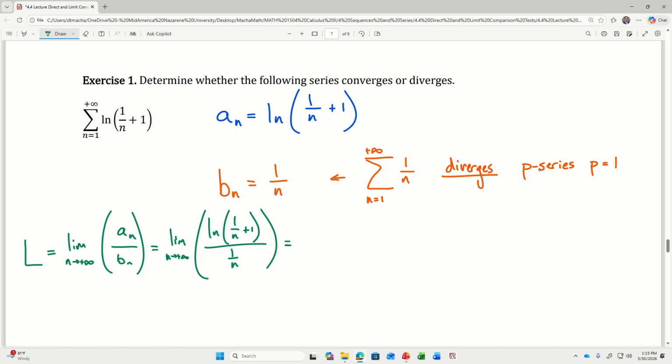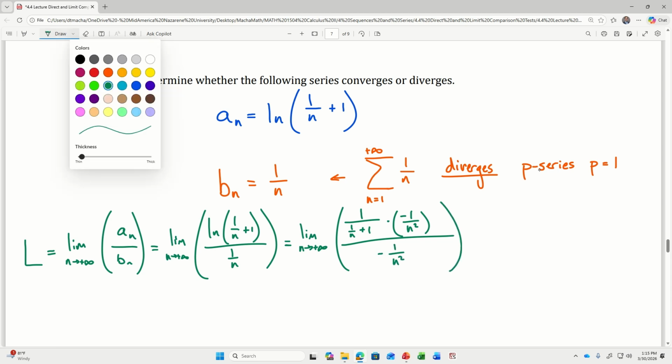So we apply L'Hopital's rule, and we take the same limit with the derivatives of the top and the bottom. And just like before, the numerator is going to require the chain rule. So we take the derivative of natural log, and then we multiply by the derivative of 1 over n. In the denominator, we also have the derivative of 1 over n. And then you see those are going to cancel.